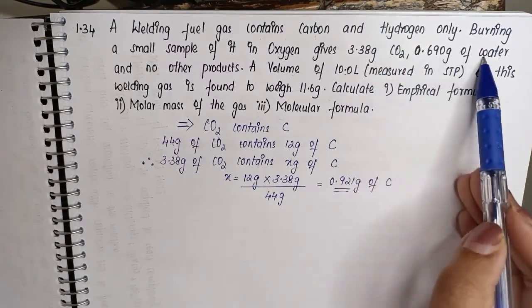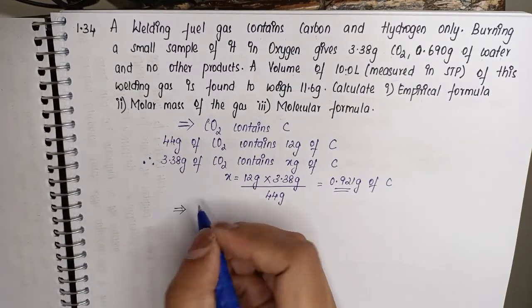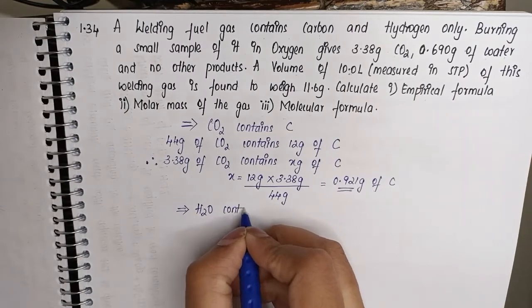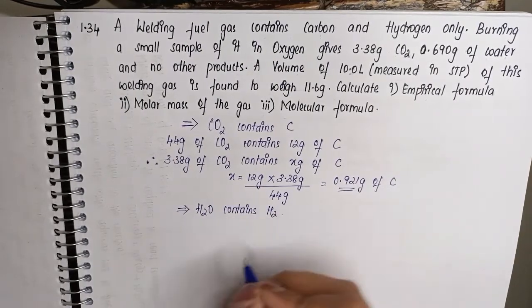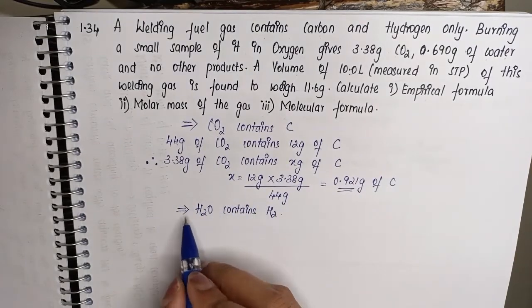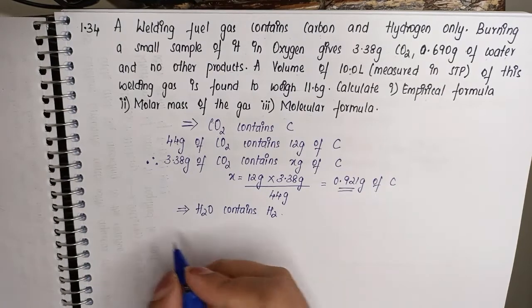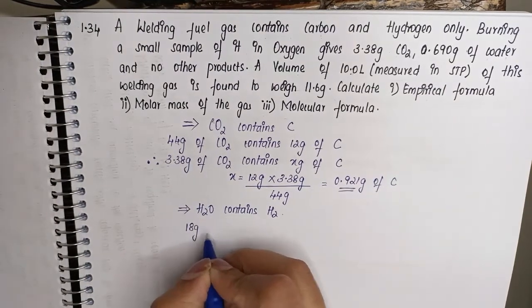Similarly, we have to find for water. So here we can write that water contains hydrogen, right? The same way how you calculated for carbon dioxide, you're going to do here also. We can write the molecular mass of water is 18 grams.